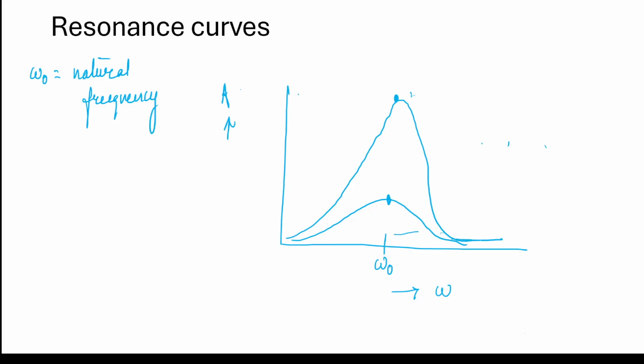Only at the value of frequencies equal to the natural frequency, the amplitude becomes very high. So this one here is less damping. The amplitude could rise way high, but if the damping was a little higher, the amplitude will not rise that high. So this is large damping.